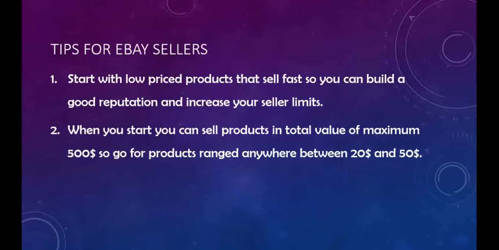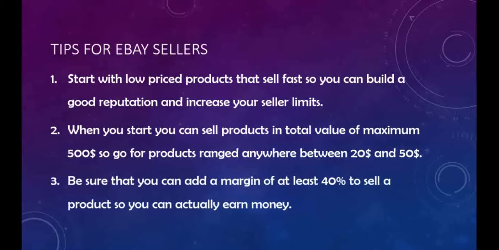Because if you go for a product that is less than $10 or $15, your profit margin will be very small, and you will make very little money on that product. Be sure that you can add a margin of at least 40% to sell a product so you can actually earn money. Why is that? Because you will have some eBay fees for each product that you list, that you need to pay to eBay for listing your product and selling that product in their marketplace.